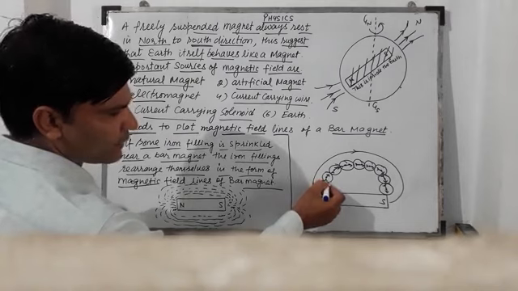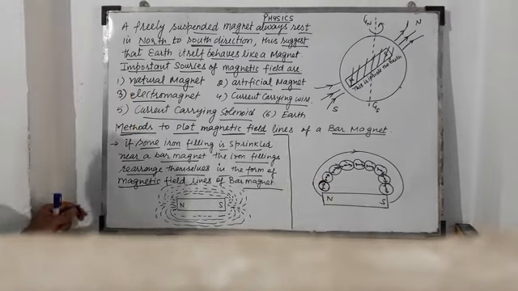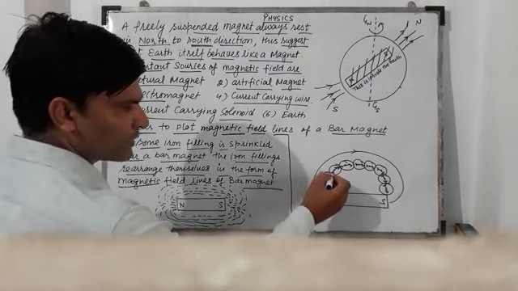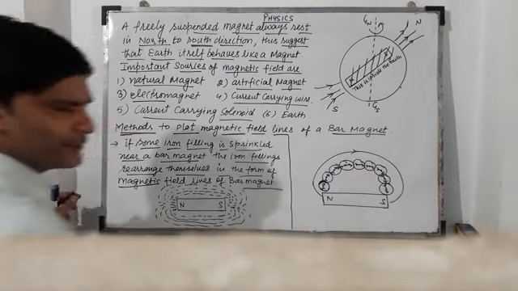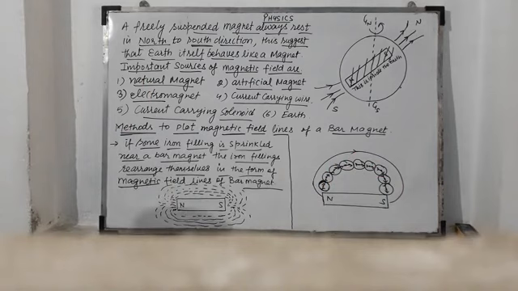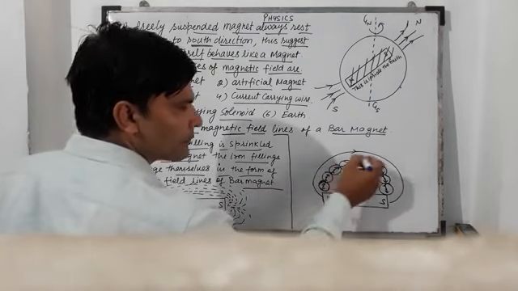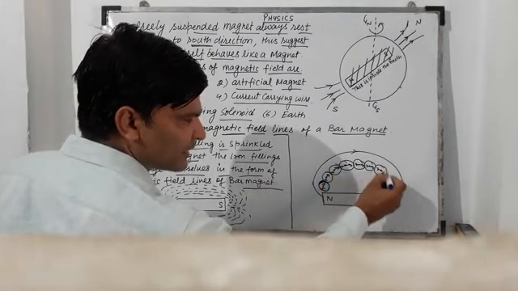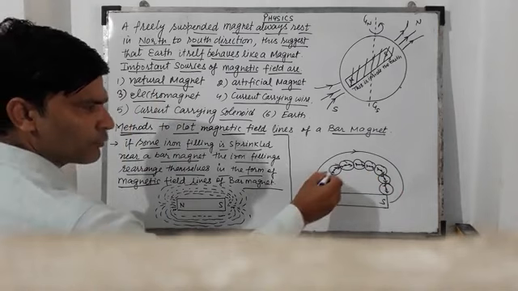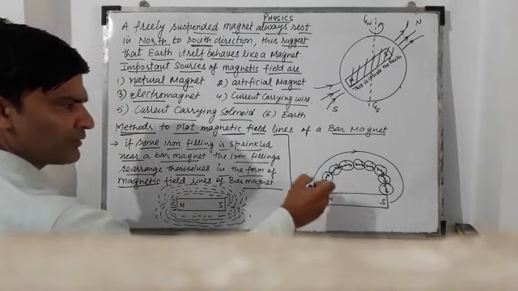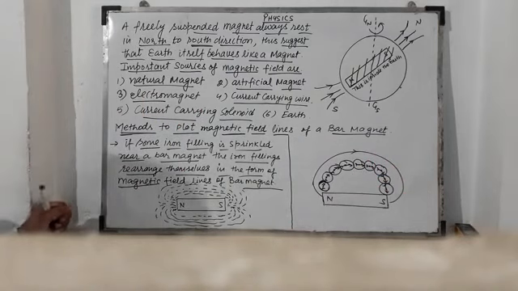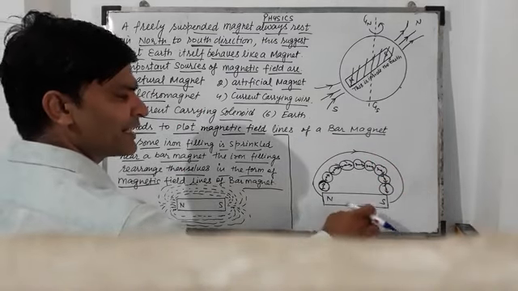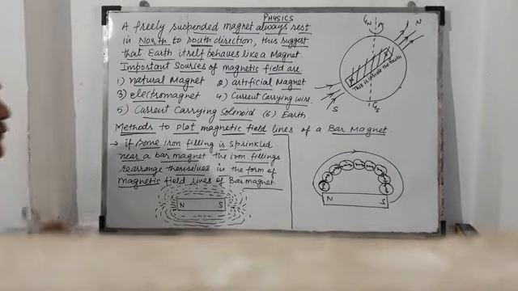Means this south coincides here, this south coincides here, this south coincides here, and then we find some arrows like this. If we combine all these arrows, then we get a magnetic field line, and this way we can draw the magnetic field pattern of a bar magnet. Okay.